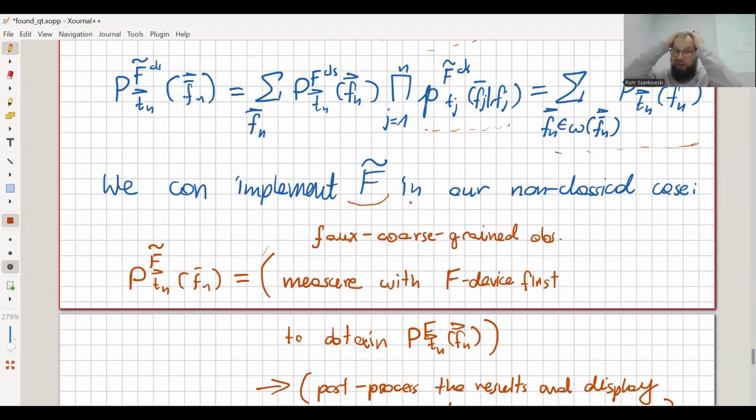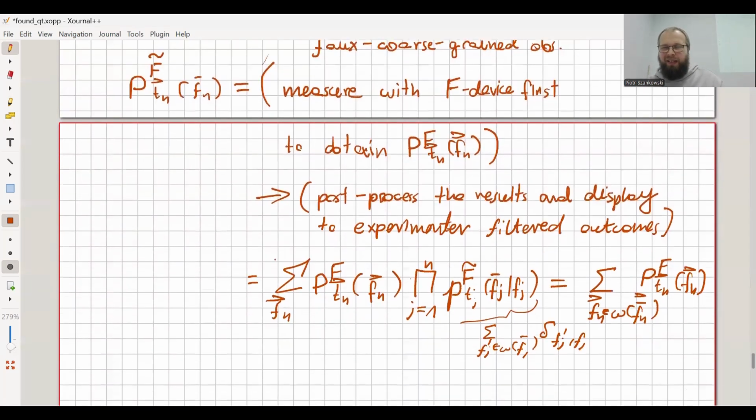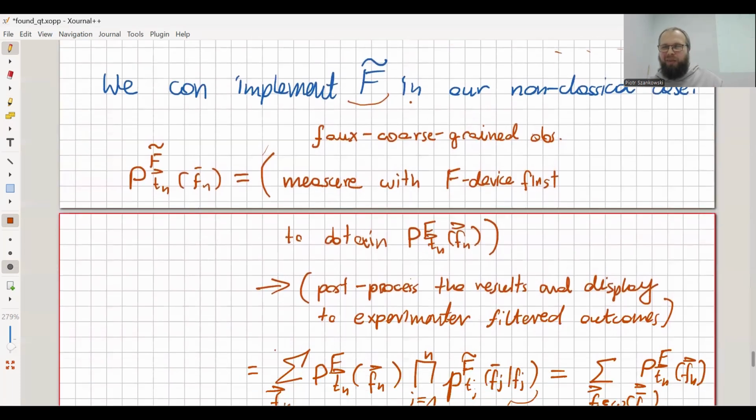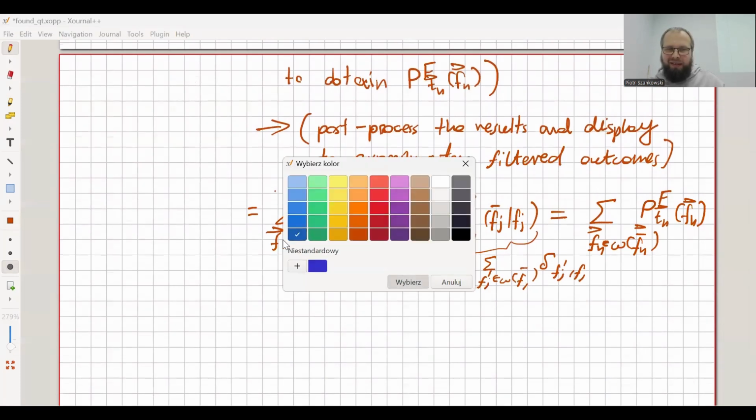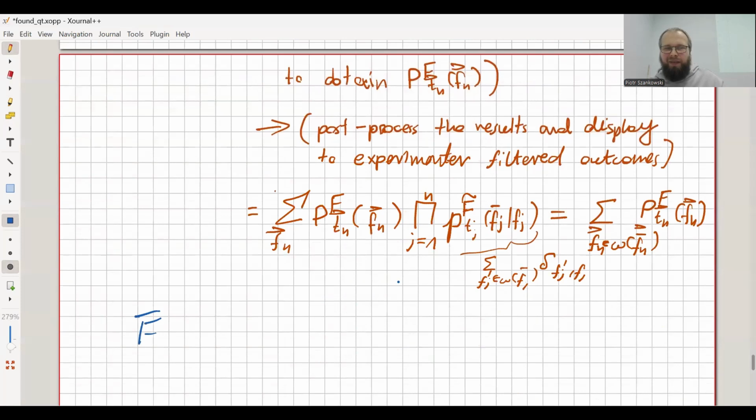However, because we are dealing with non-trajectory theory, it is possible to get a proper coarse-grained device F bar such that it doesn't have to be described by this kind of probability distribution. In classical theories, because there is only one observable, this form is the only thing we can do.